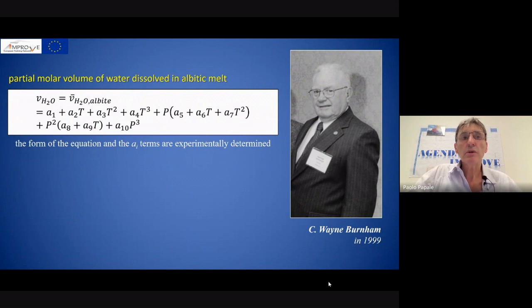That corresponds to a sort of neutral state on which the compositional effects would then be added through the activity coefficient. We can therefore use as a neutral state from which to determine the reference fugacity the state of water dissolved in albite melts and take its pressure-temperature dependent volume as that of our hypothetical pure dissolved volatile.